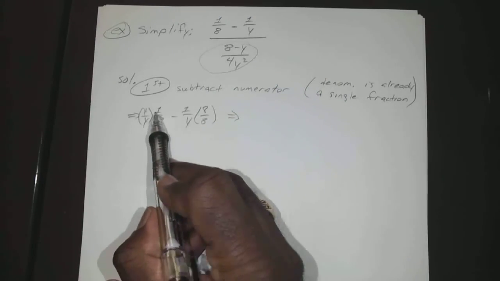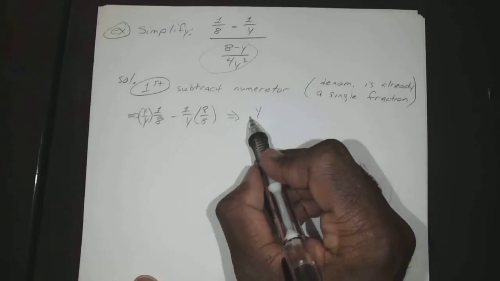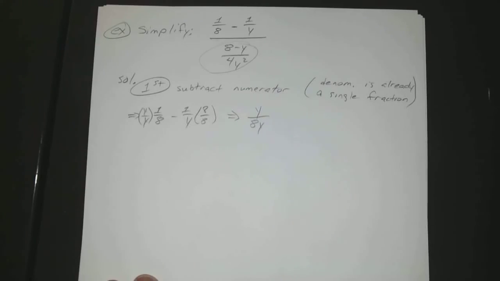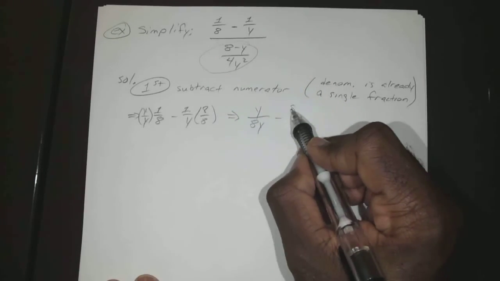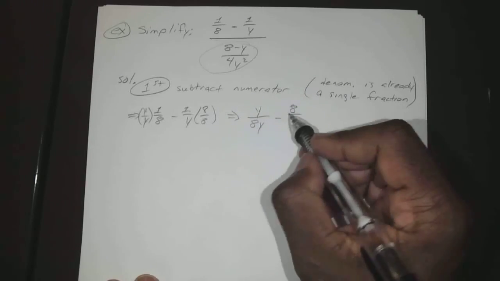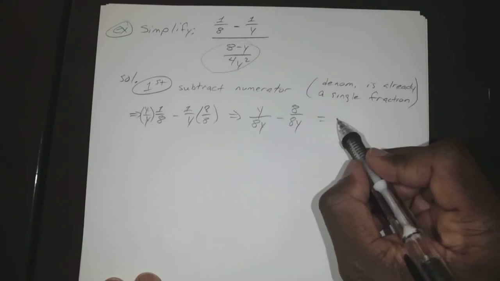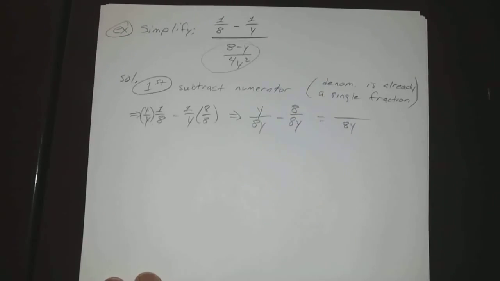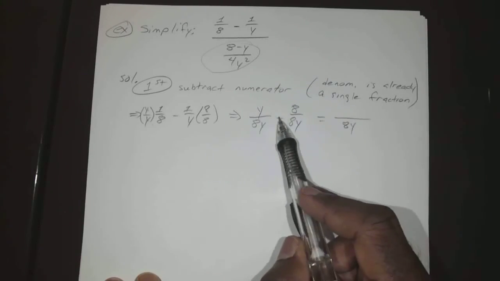So you have y times 1, which is y, over y times 8, I'll just put it as 8y. Minus 1 times 8, which is 8, over y times 8, which is 8y. So we have something over 8y minus something over 8y, which is something over 8y. So we just subtract our numerators, which is y minus 8.